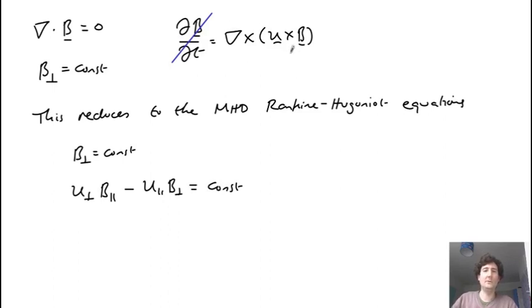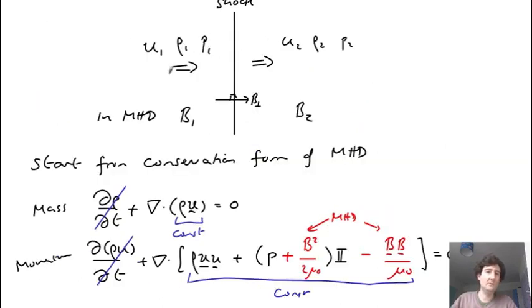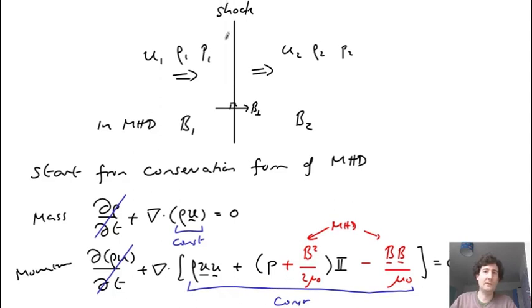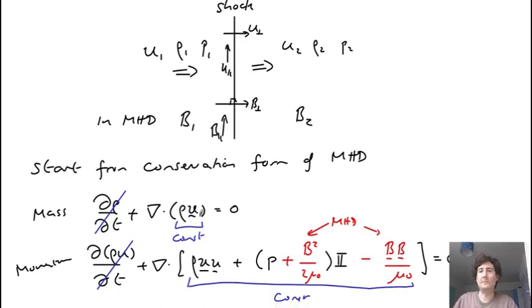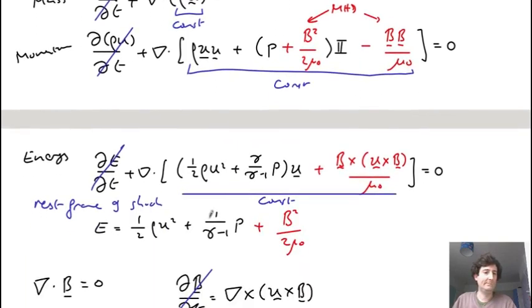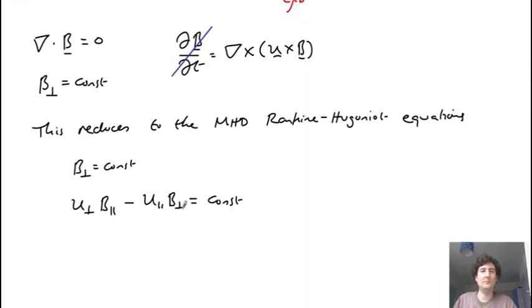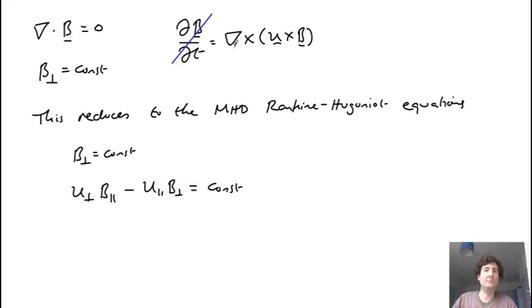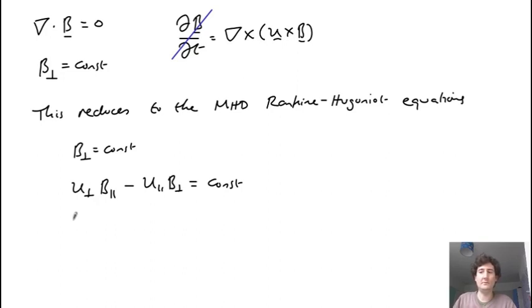So that comes from this equation, and here U parallel is the flow parallel to the shock. So if I draw this on here, we have U perpendicular, U parallel, and we have B parallel, which is the component parallel to the shock. And so these components come from Maxwell's equations, Ohm's law, goes from there. And then the other equations I'll just write out again.